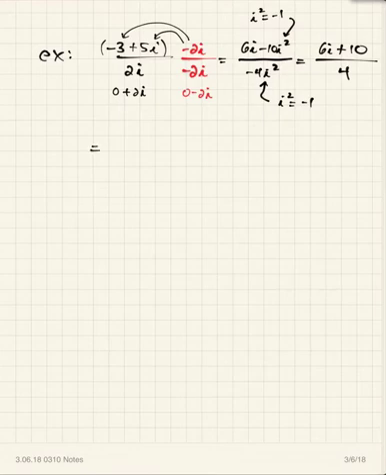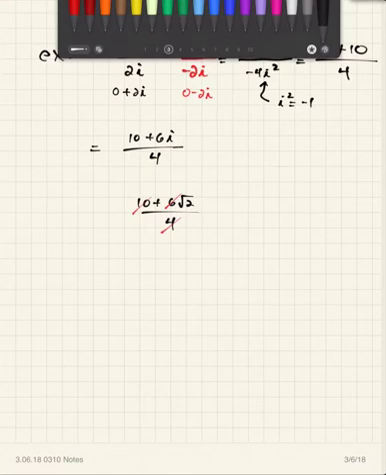All right, let's clean up how we write this. We really want to put the 10 first and the 6i second. So this is 10 plus 6i over 4, like that. And then this simplifies just like you would see with a radical. We saw this with radicals in the last few sections, that if you had 10 plus 6 times the square root of 2 over 4, remember we talked about that if there's a common factor in all 3 parts of a number like that, then you could divide it out. It had to be in all 3 parts.